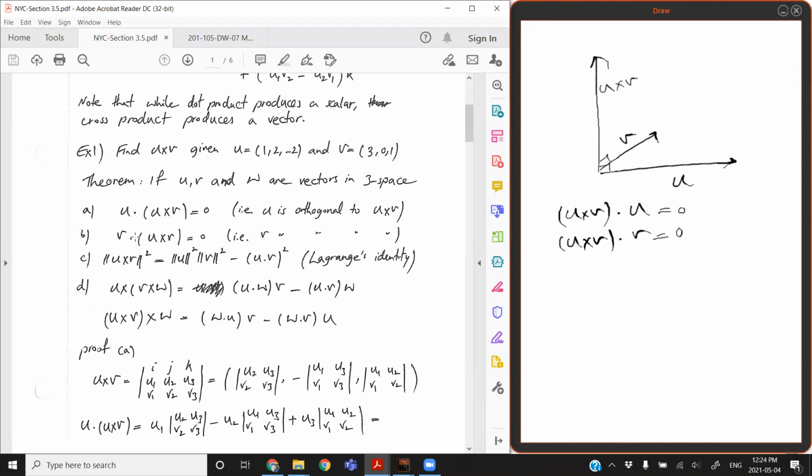So part A and part B simply state that both U and V are orthogonal to the cross product. Part C is something called the Lagrange Identity. It says norm of U cross V squared is going to be norm of U squared times norm of V squared minus their dot product to the power of 2.